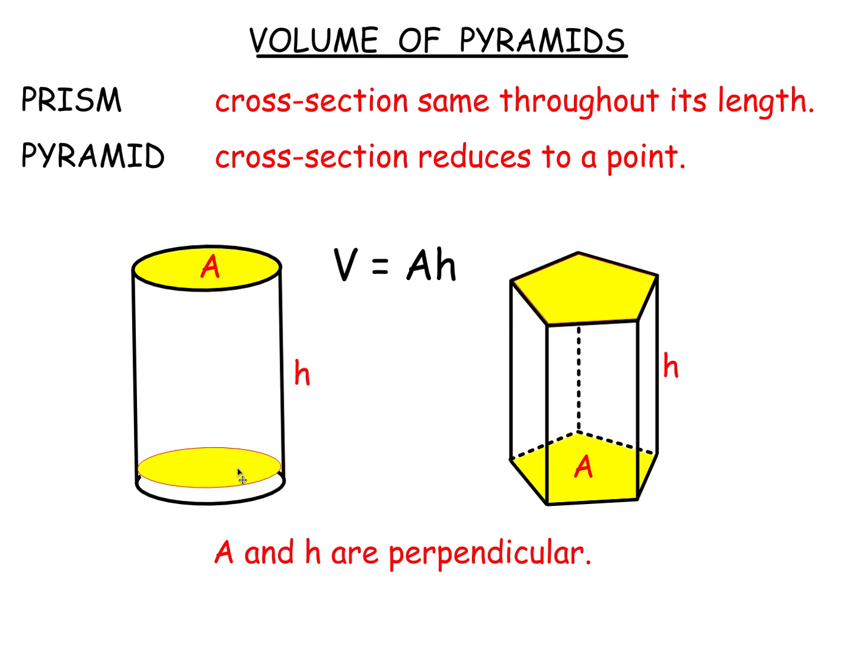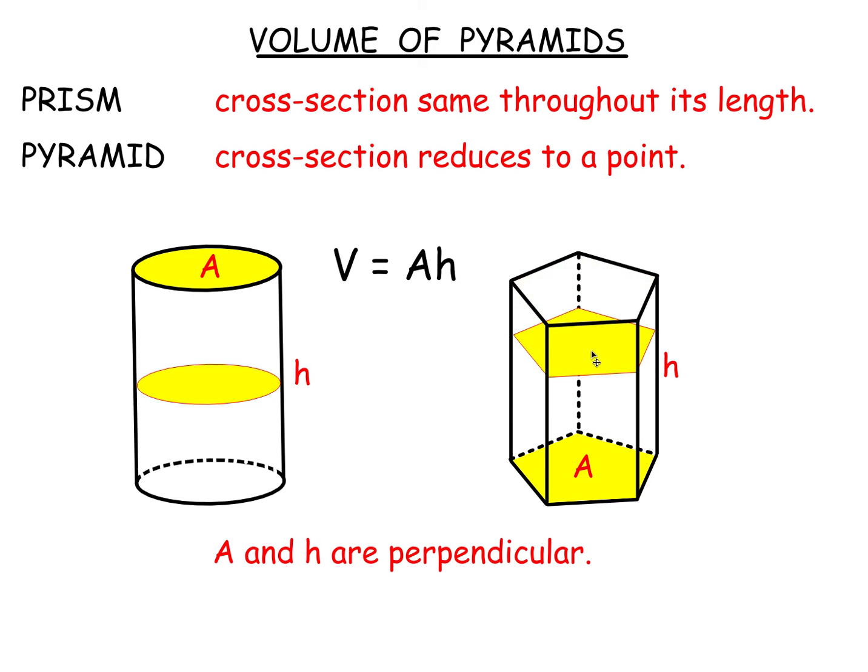This circle as a cross section moves along the height. That's the length of the prism or its depth. Here's a pentagonal prism. This pentagon continues all the way through the shape, so the pentagon moves up and down the height. Anywhere you slice along the height parallel to the yellow end face, you'll get this pentagon.